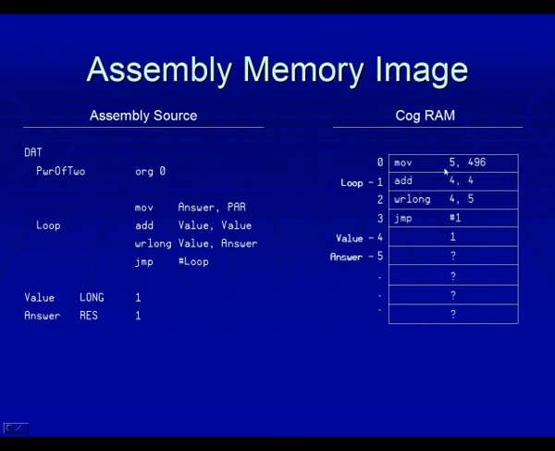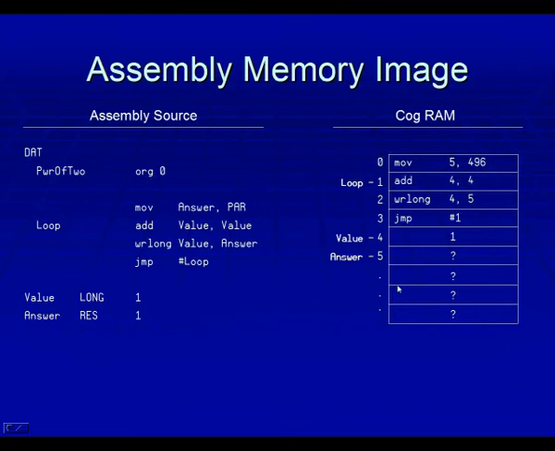Over here we've got cog RAM on the right side. The data gets loaded up starting from power 2 all the way through 495 longs of data. So whatever happens to be after this assembly routine and after the declared variables I've defined and the reserve space, that gets loaded up too.